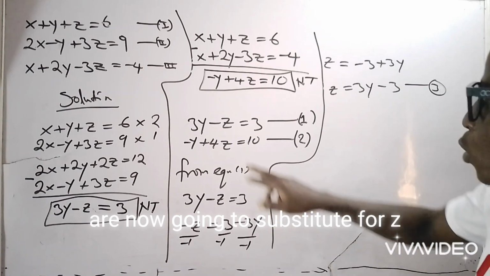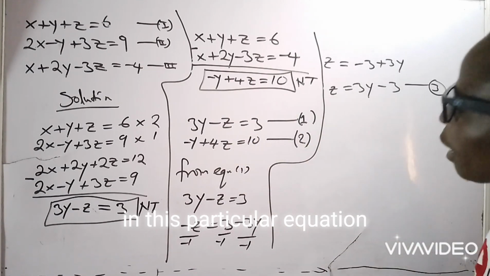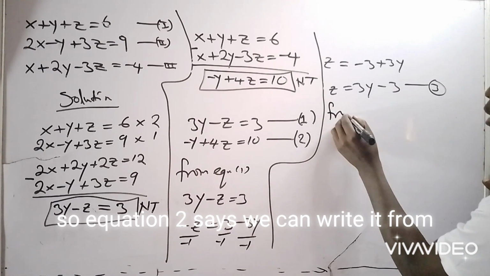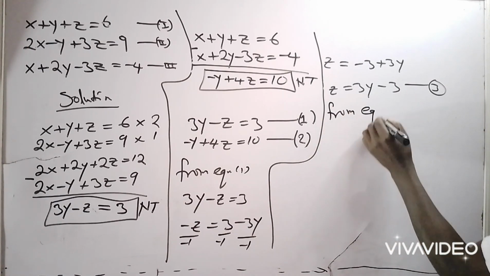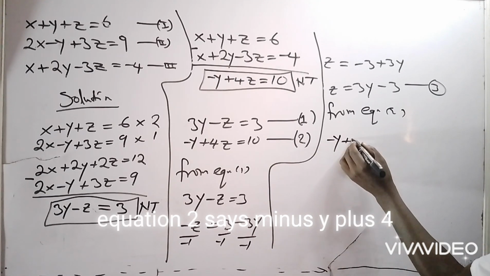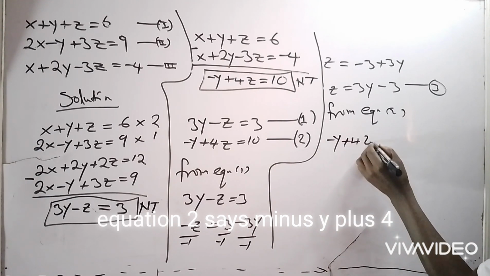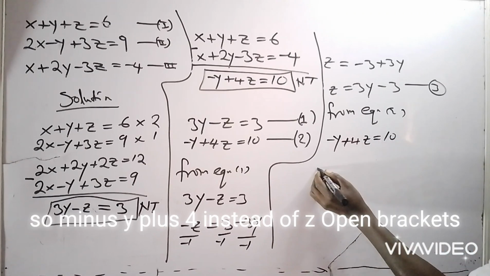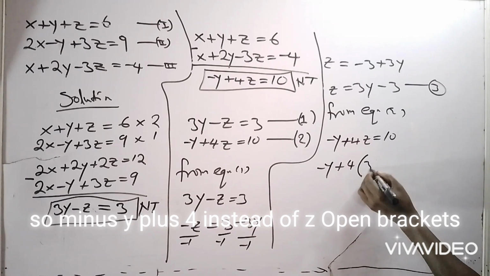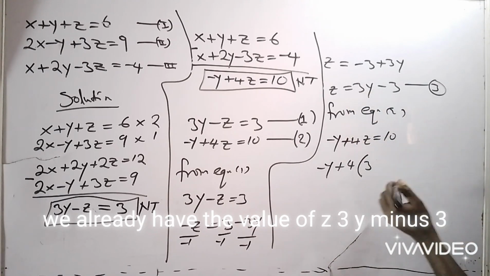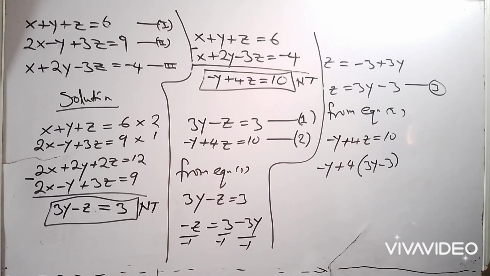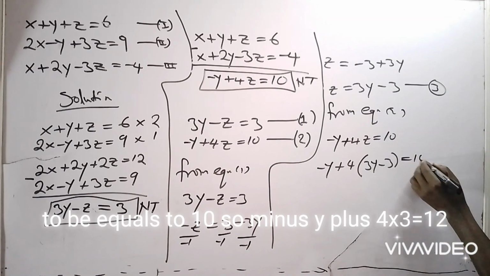We are now going to substitute for z in this equation. Equation 2 says minus y plus 4z equals 10. So minus y plus 4, instead of z, I'll open bracket 3y minus 3, equals 10.